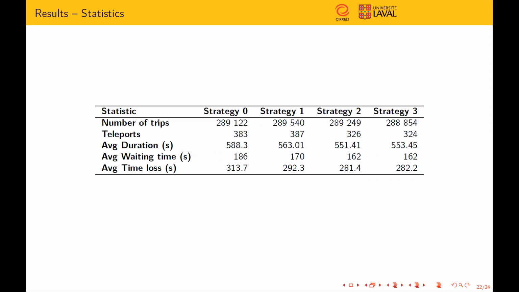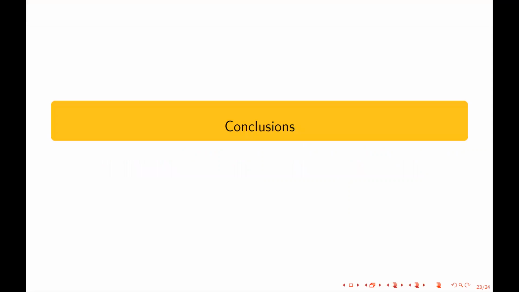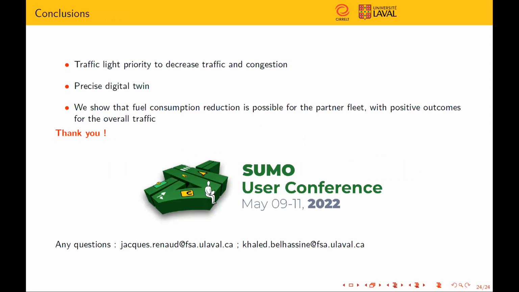And after all these adjustments, we have very few teleports. I think that it's less than 0.2% of teleports in the system. So we believe that it's a good reproduction of the system. And in conclusion, I use the word digital twins.